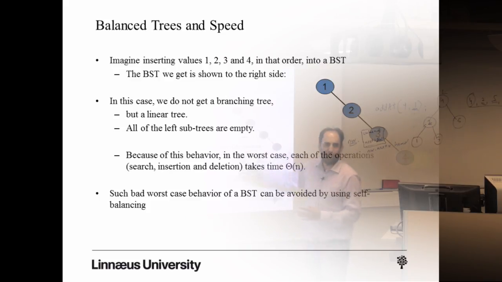But in that case, since we have a tree branching in only one direction, we will not be able to get the benefit of faster search operation, because the binary search tree provides you with a faster search or get operation, which is normally a problem with the linked list, because in the linked list, if you want to look up an element, you have to traverse all the elements from 1 until you get that element.